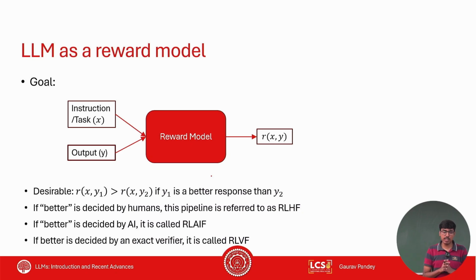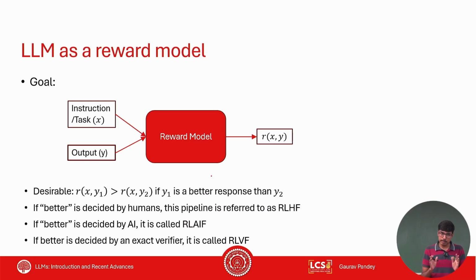I mean, if you're writing an essay on cow, there are 100 ways, and none of them are going to be very similar to each other. So in those cases, verifiable rewards don't work, and there you actually need to train a reward model to tell you whether whatever was generated is good or not.